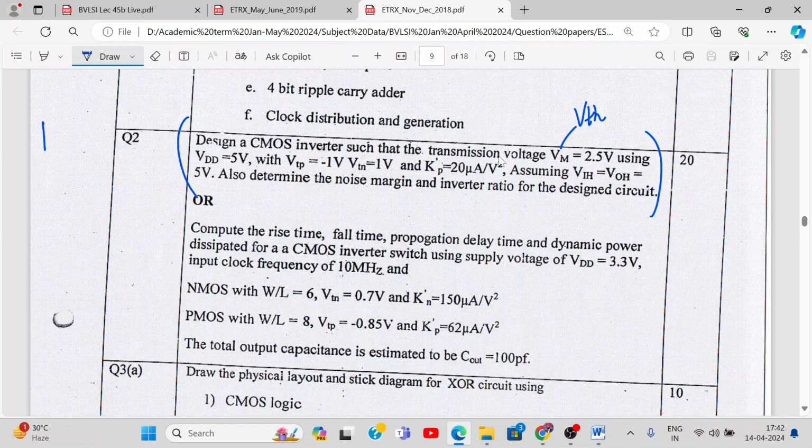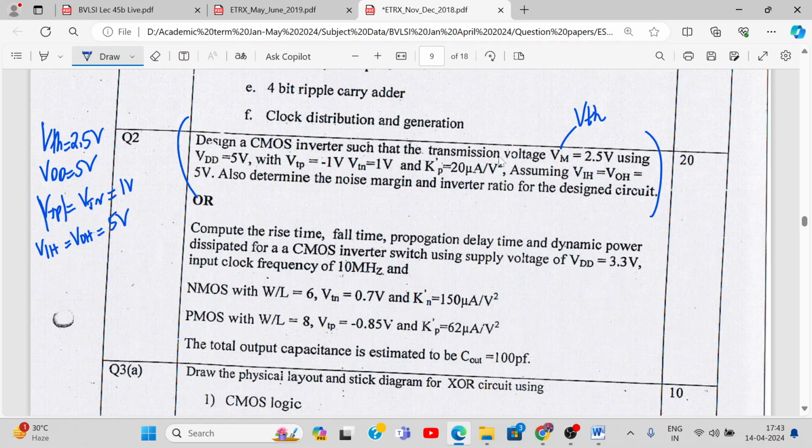Okay, VTH is given as 2.5, VDD is 5 volt, VTP is equal to VTN mod of this, it's 1 volt, so it's a symmetric CMOS inverter. Okay, VIH is given to you, VOH is 5.